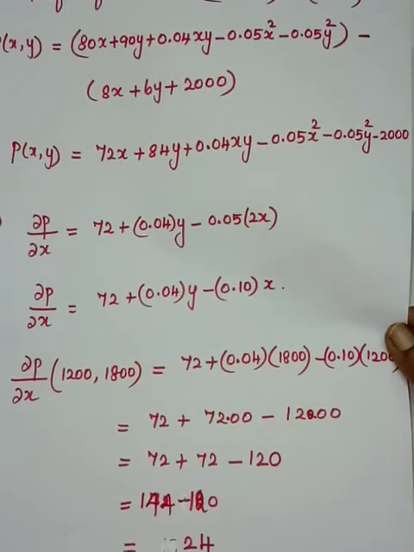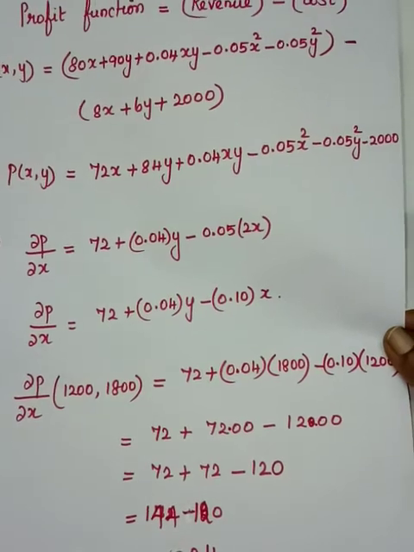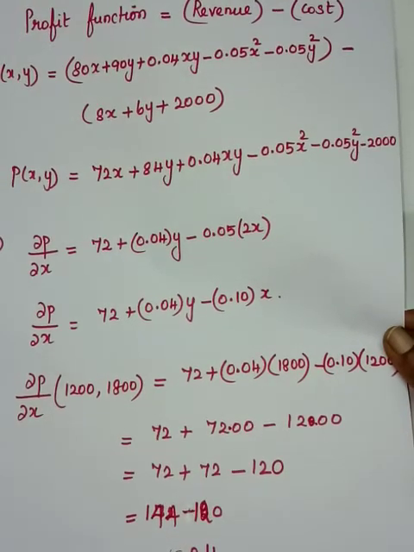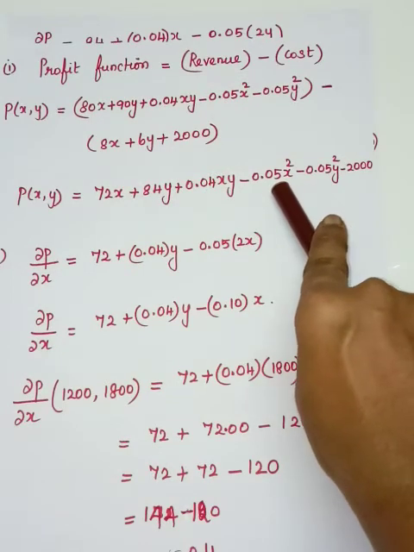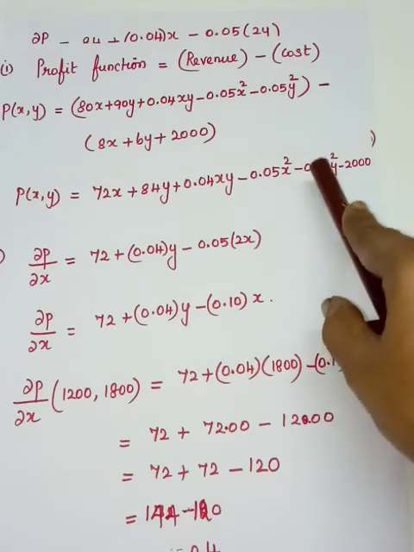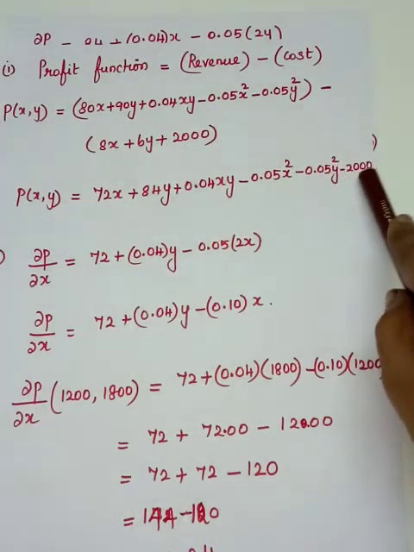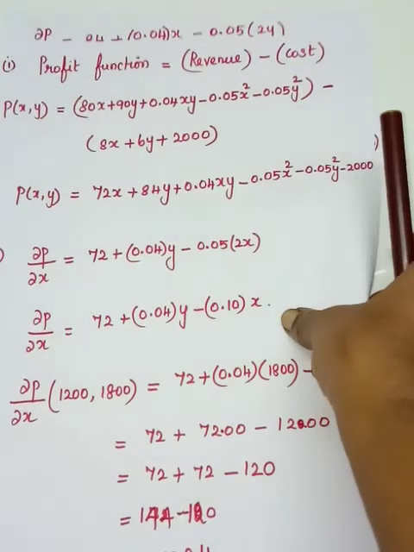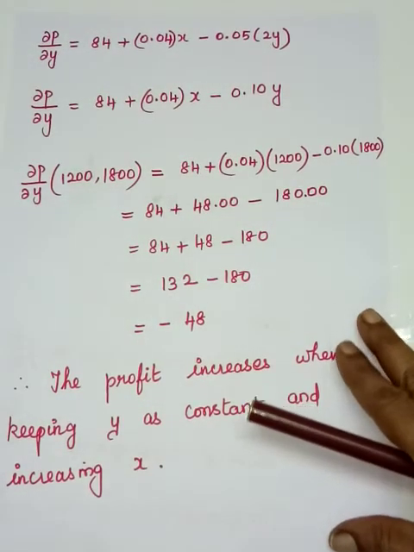What is a constant? 0.04 and x are constants, the remaining is y. If you differentiate partially with respect to y, it is 1. And come to here, it is a constant whose differentiation is 0. So when you differentiate partially with respect to y, it is minus 0.05 into 2y. This is the constant whose differentiation is 0. So therefore your dou p by dou y is equal to this one.